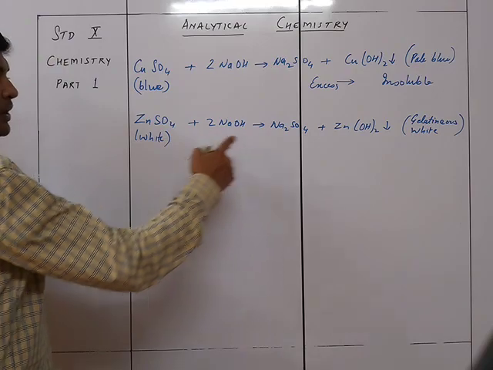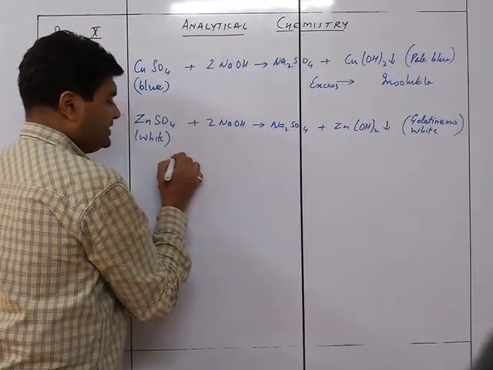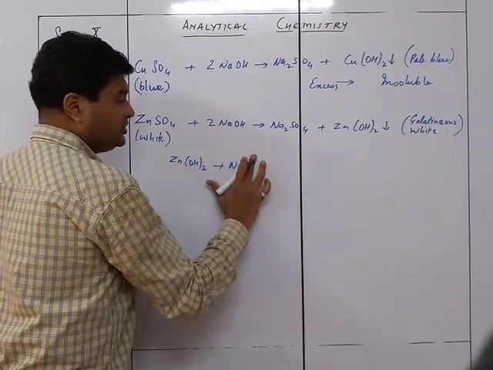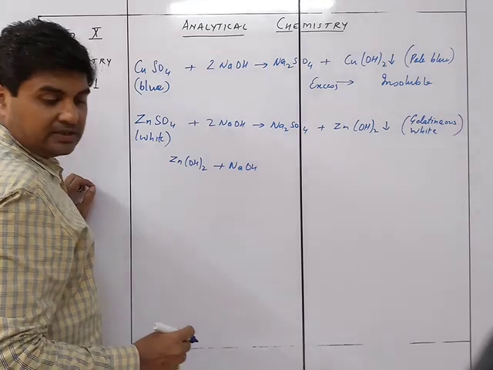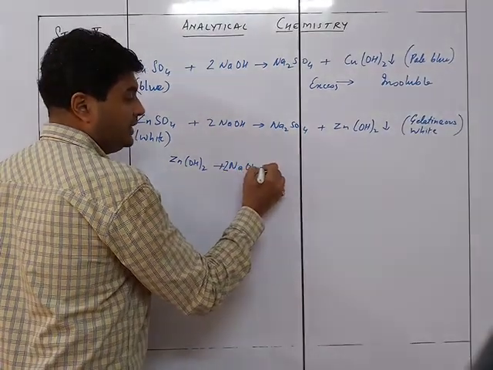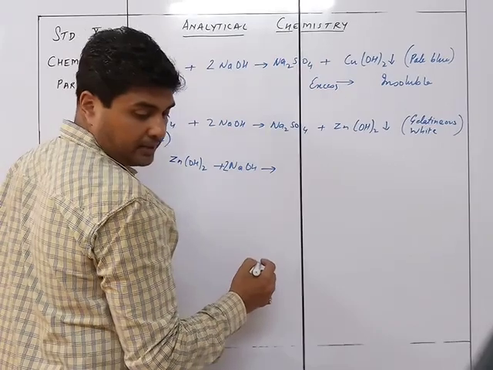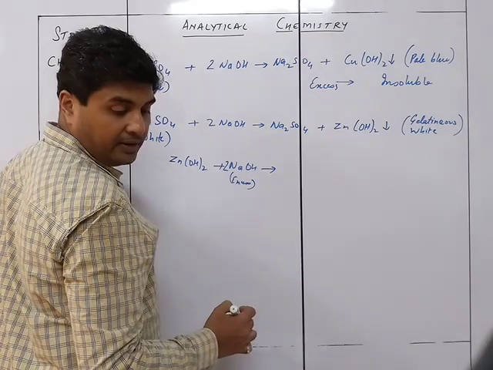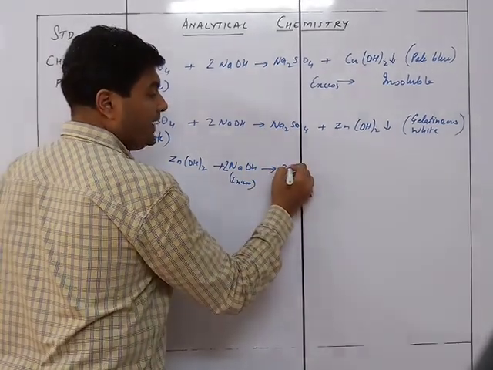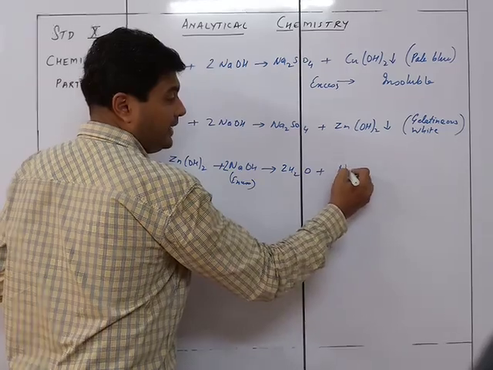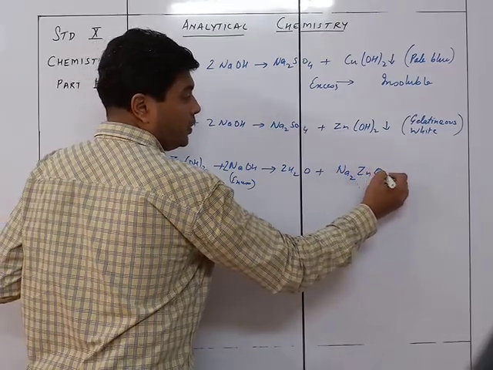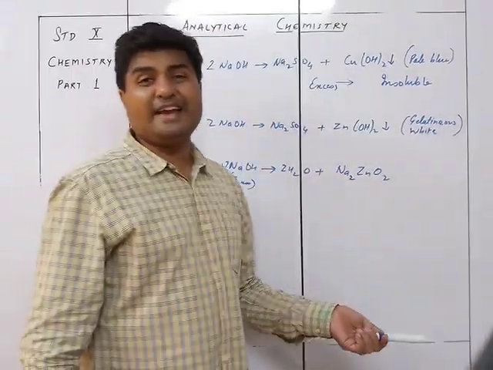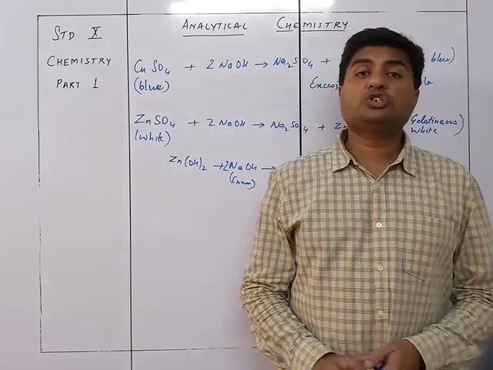So here we see that zinc hydroxide, Zn(OH)2, when it reacts again with NaOH, that is Zn(OH)2 plus 2 NaOH, taken in excess, gives you 2H2O plus Na2ZnO2. That gives you sodium zincate.